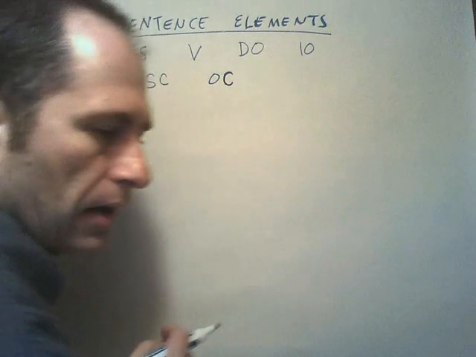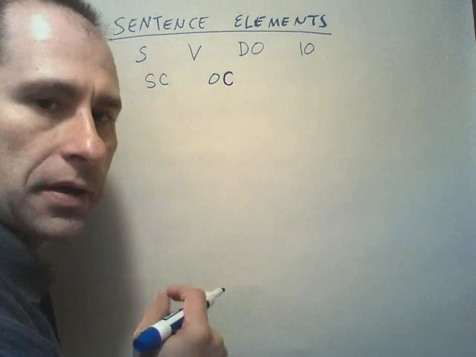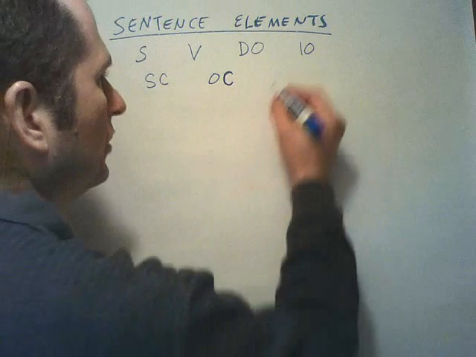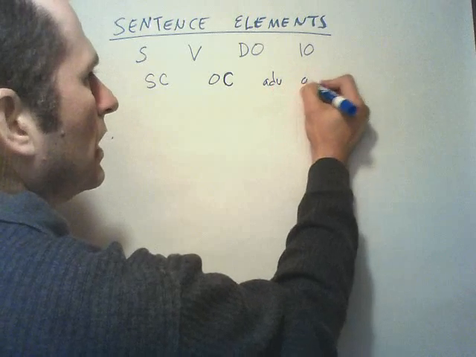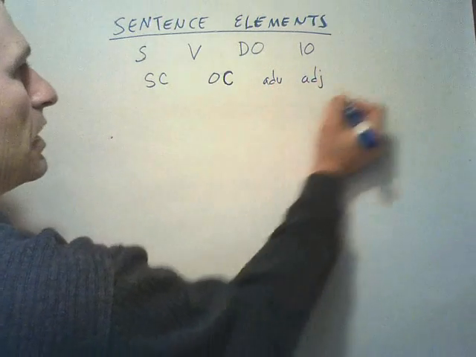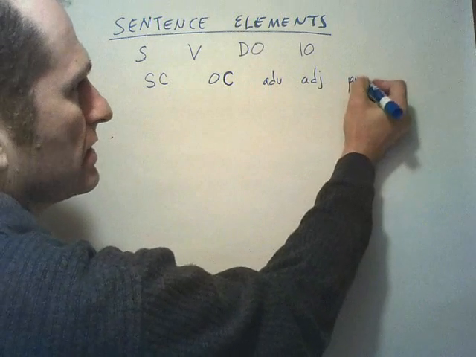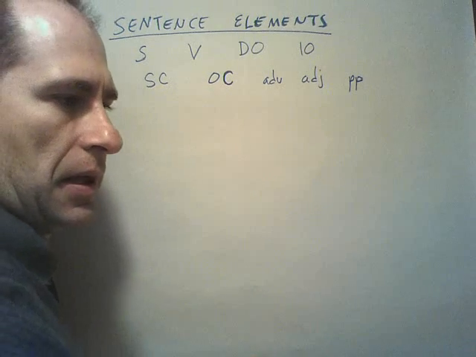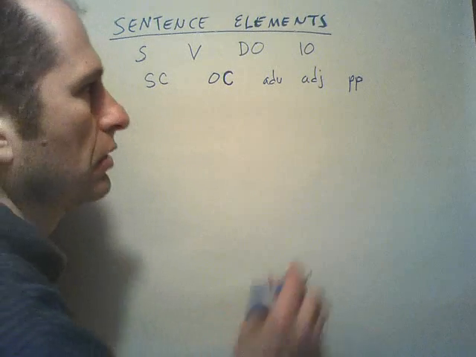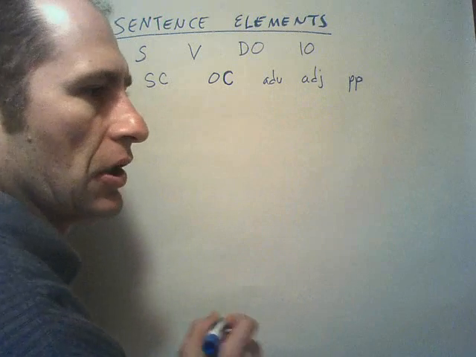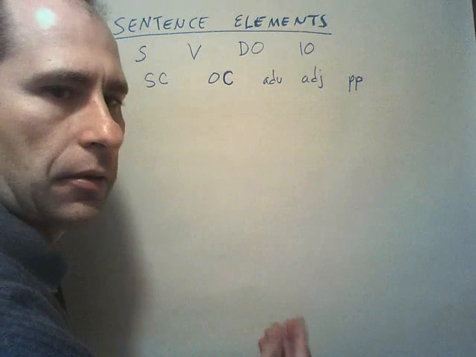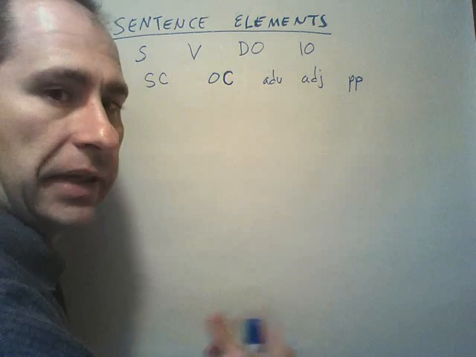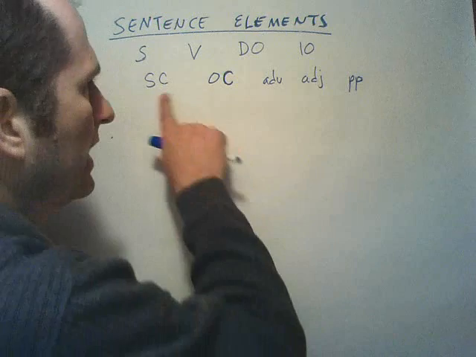Now, because these also form parts of sentences, we can include adverbs, adjectives, prepositional phrases, things like that. But you should know that these things are not as weighty or as instrumental in developing a complete sentence as the elements themselves are.